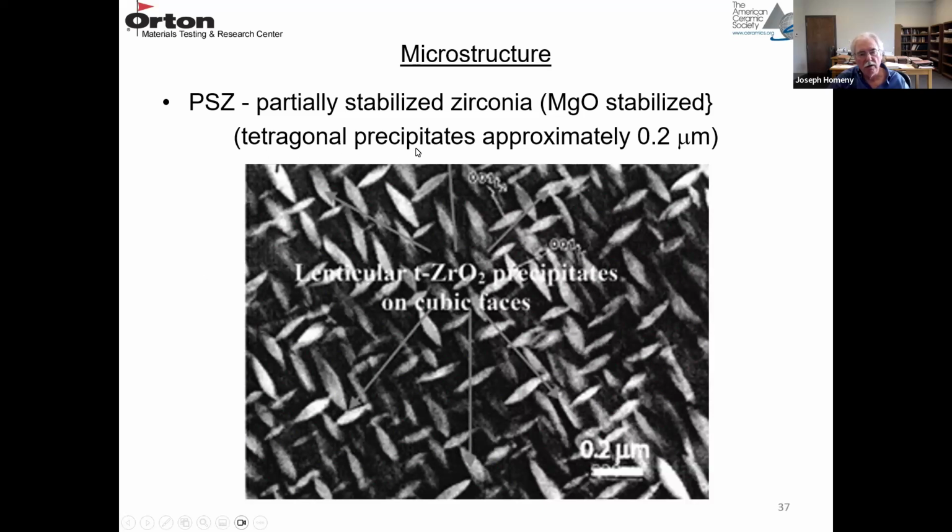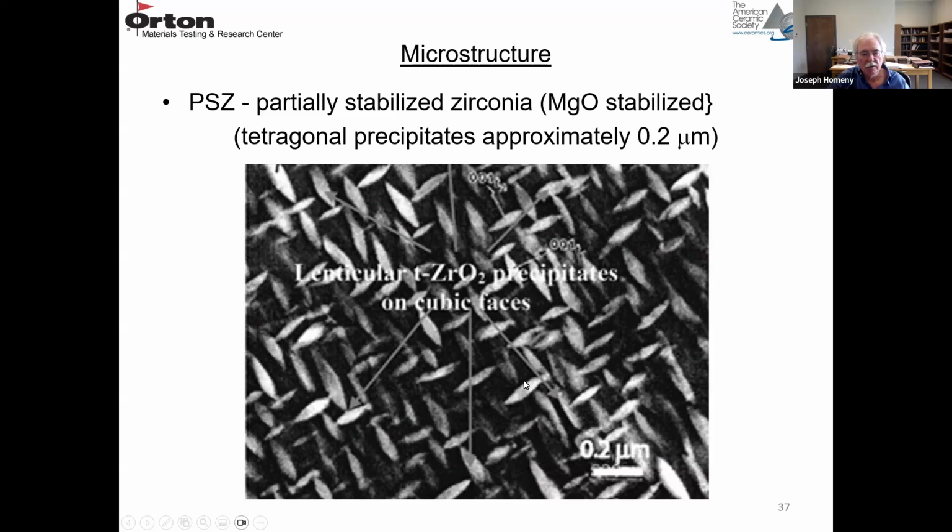And then if you go up to much higher magnification, this is the same material. You can see the tetragonal precipitates in the cubic matrix. So these light gray crystals are tetragonal precipitates, in this case, in a cubic matrix. So the precipitates are only on the order of 0.2 microns, so they're very small.